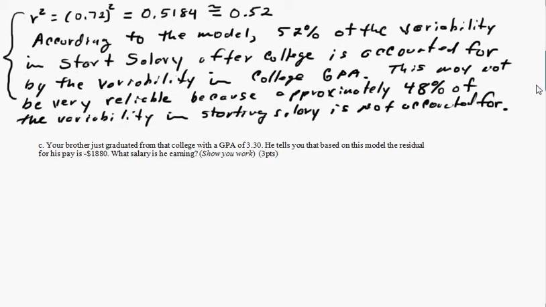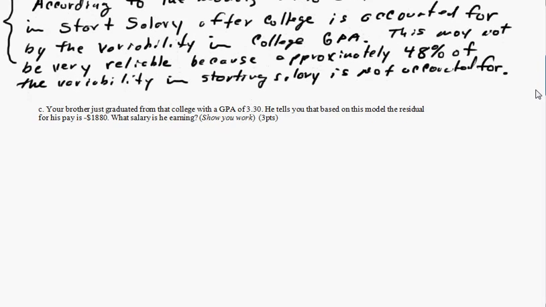Now the last part was they gave you the residual, and they wanted to know the actual value. What you needed to realize is that the computation for e is y minus y hat, or the residual equals the actual minus the predicted.